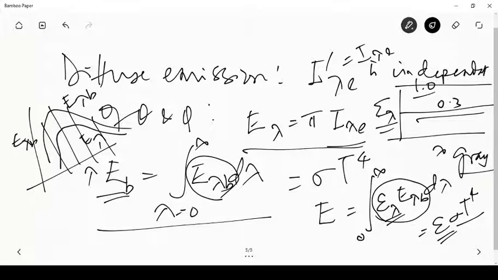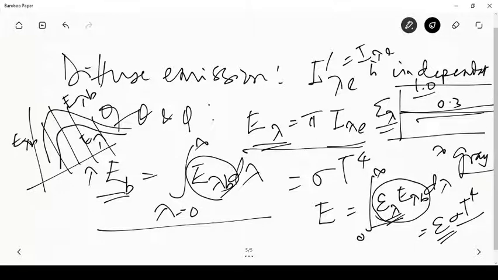So a surface is gray if its emissivity is constant with spectrum, or its emissive power is a constant factor lower than the black body emissive power at that wavelength. So this is what we call as the gray emitter. So these are two gross approximations that we commonly make in order to make our calculations simple.